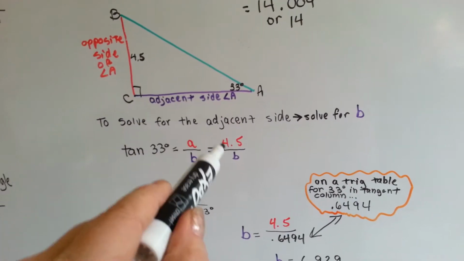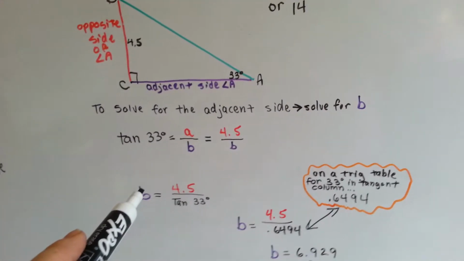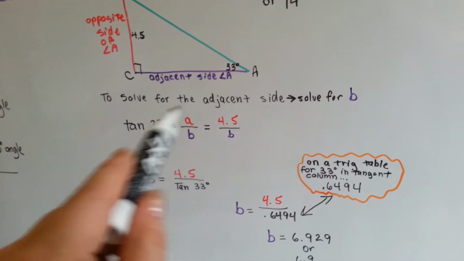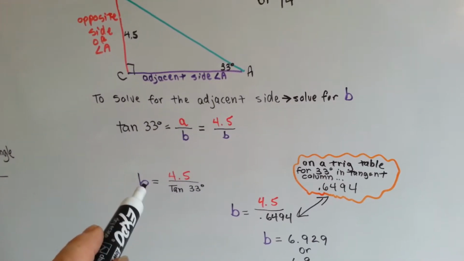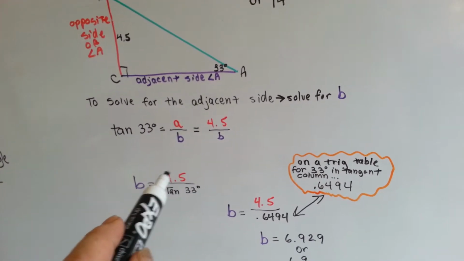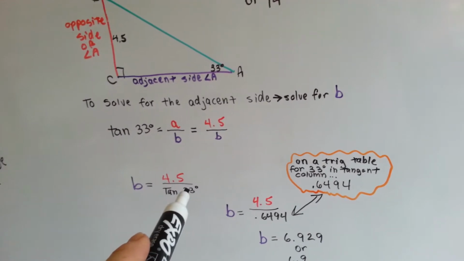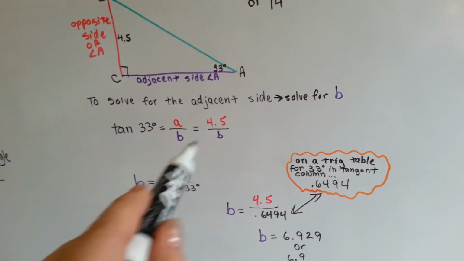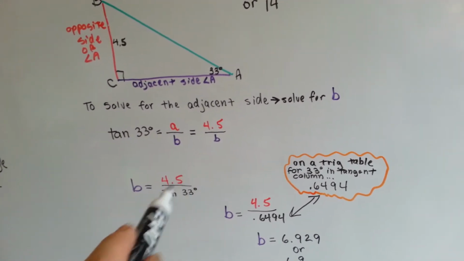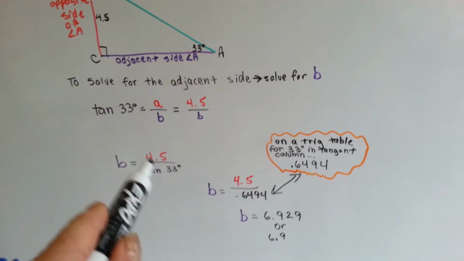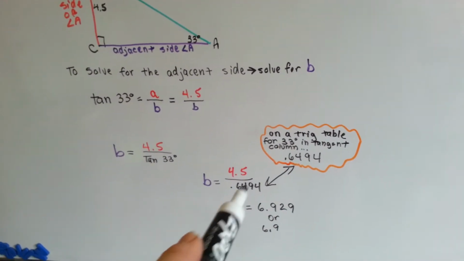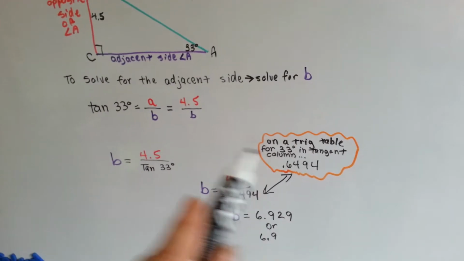We're solving for B. So all we have to do is rearrange this so that we're saying B is equal to 4.5 over the tangent of 33 degrees. See? It's just rearranging it. By doing this, we can solve and look up on the trig table for 33 degrees.